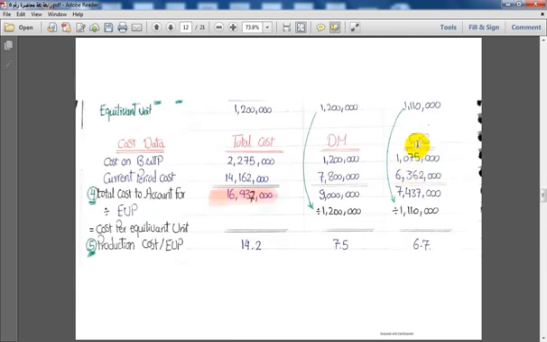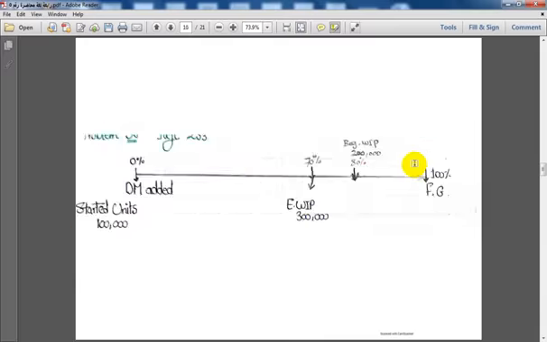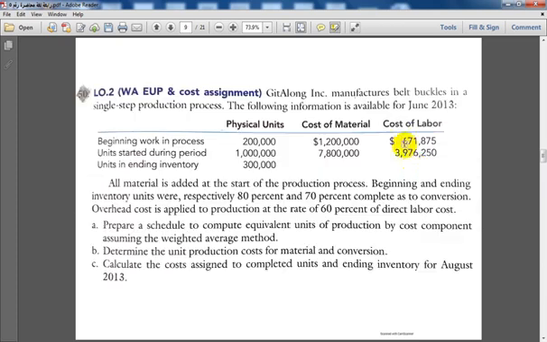So 1,075,000 equal direct labor cost plus overhead. Cost of overhead equal 60% of direct labor cost, so we have to multiply this number times 60%.